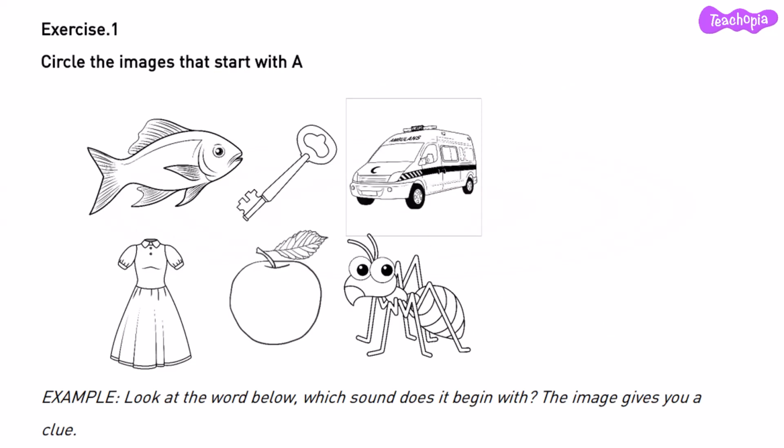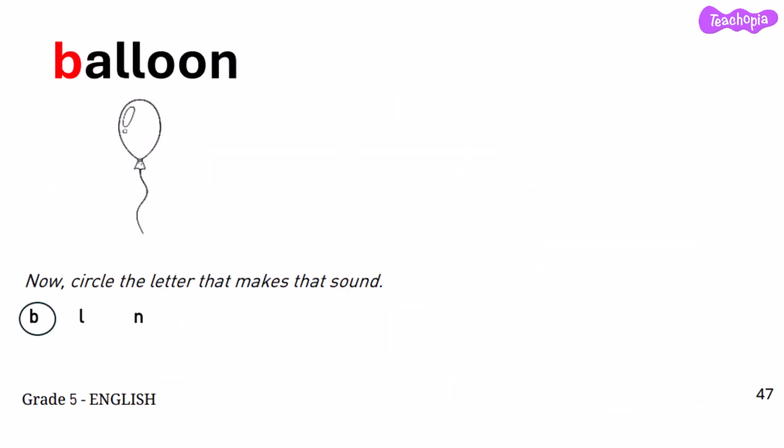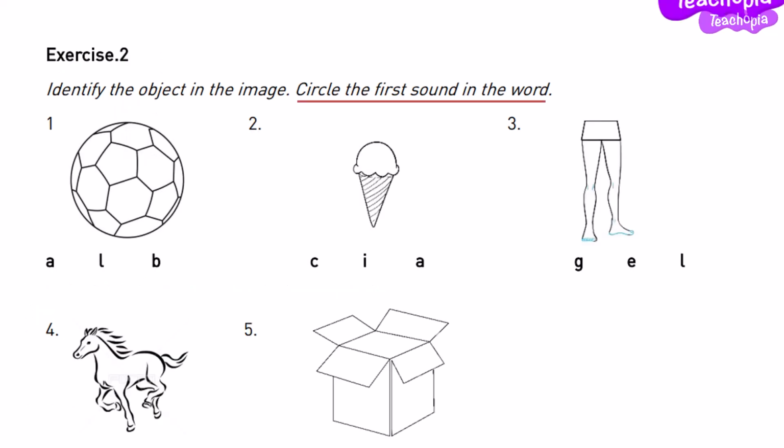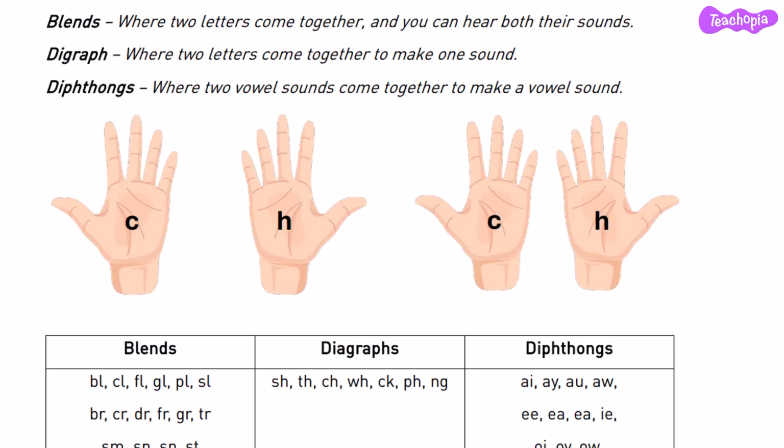We begin with helping learners identify sounds through familiar picture words, focusing first on initial sounds, practicing using them together, and then looking at different types of sounds that come together to form blends, digraphs, and diphthongs.